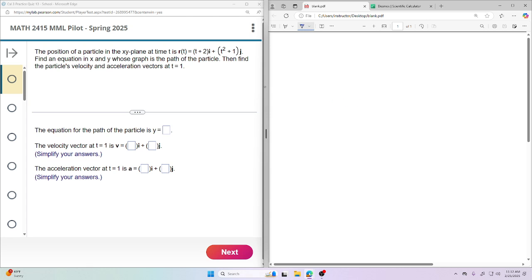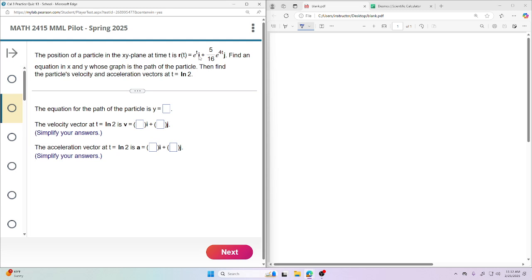Moving on. So, velocity, acceleration. How do I get velocity from this thing? This one has e. You can take a derivative with e, right? And you can plug in ln 2.